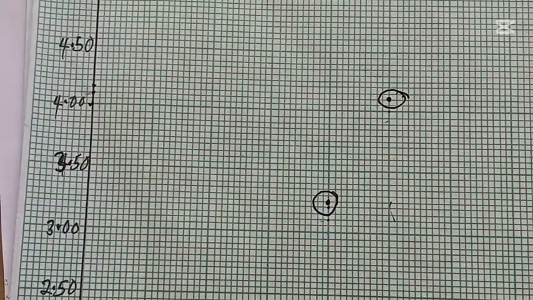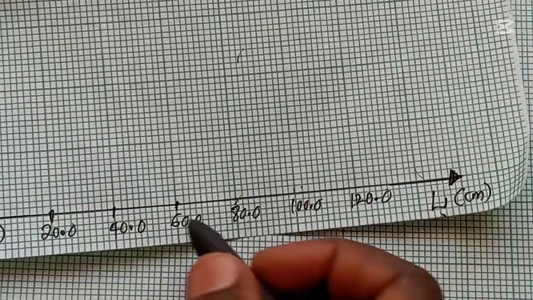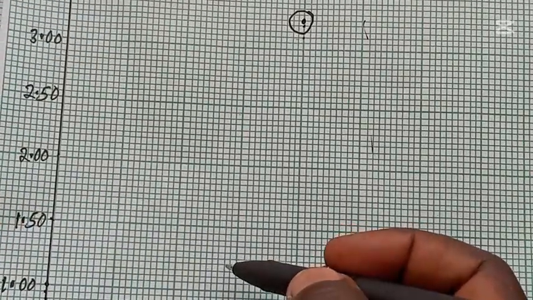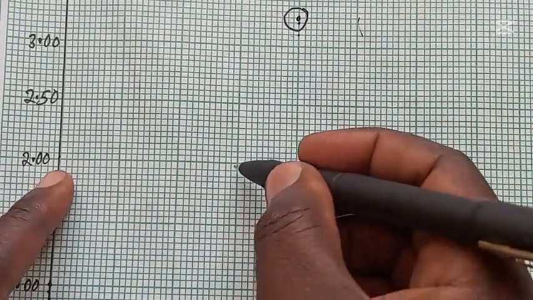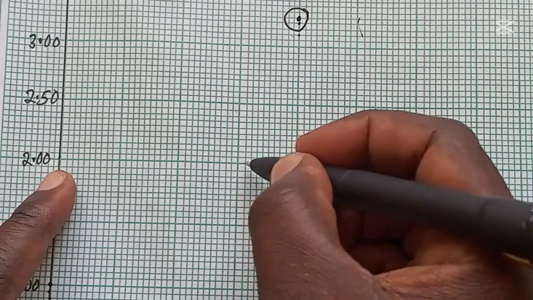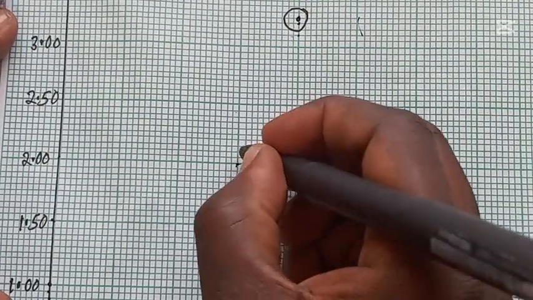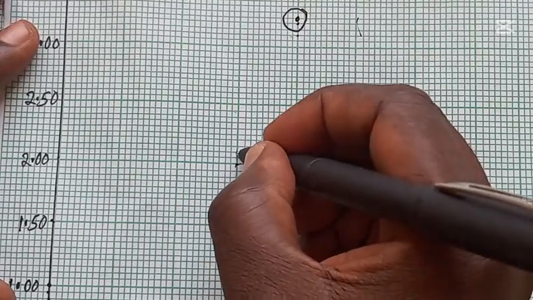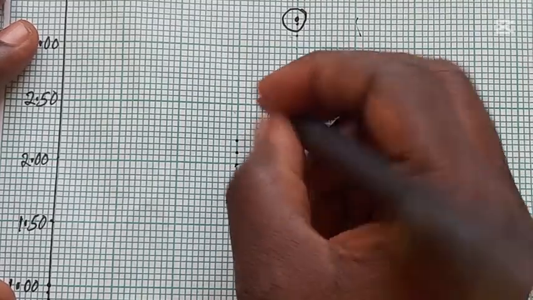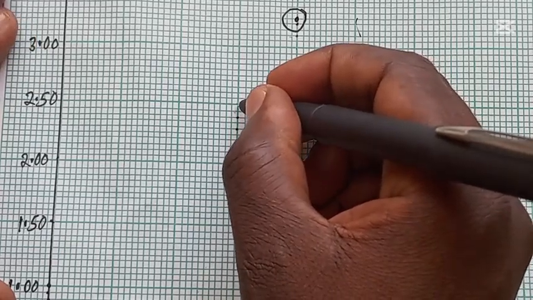Okay, 60. So where is my 60? Great, this is 60. So I go up and then where is 2? 60 and here is 2. But they say 2.46, so this is 2.1, 2.2, 2.3, 2.4, 2.5.